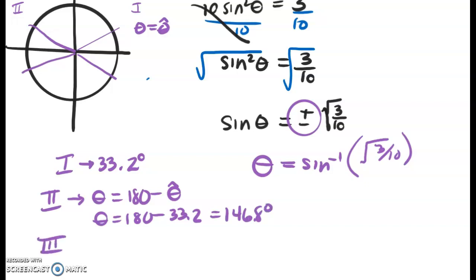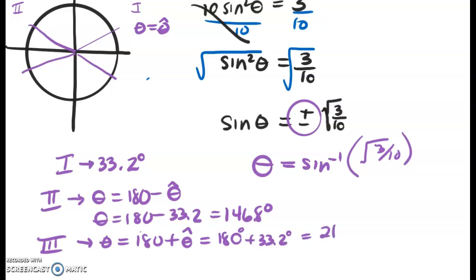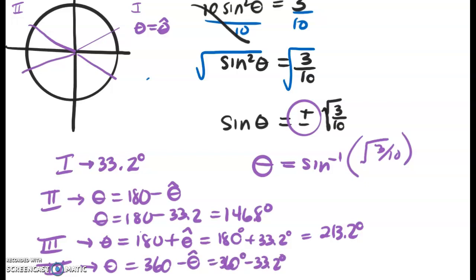Then in quadrant 3, the angle is equal to 180 plus theta hat, so it would be 180 plus 33.2 degrees, and that gives me 213.2 degrees. In the last quadrant, the angle is equal to 360 minus theta prime, so it's 360 minus 33.2, which gives me 326.8.